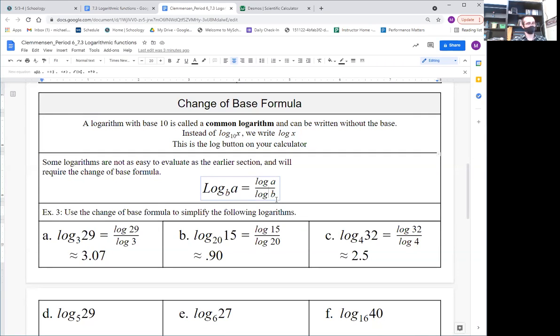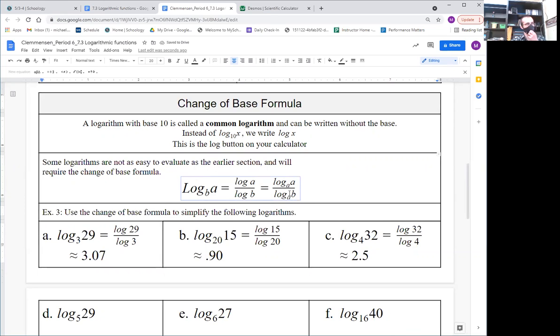Now, I specifically put this as our base 10 one, but it doesn't have to be base 10. This could also be equal to any other log base over the same log base, as long as the two bases are the same. I could do log base a of a over log base a of b.